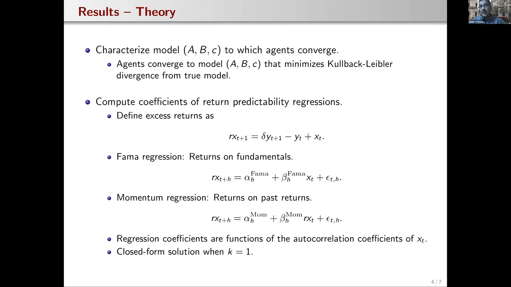They compute the regression coefficients explicitly. They are a function of the autocorrelation coefficients of x_t, and they get a closed-form solution when agents can entertain only one factor.